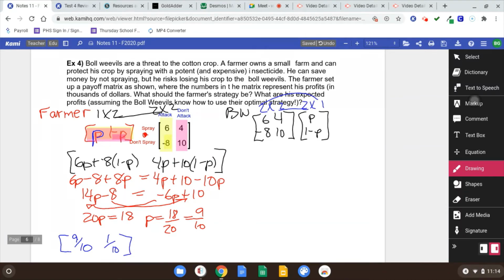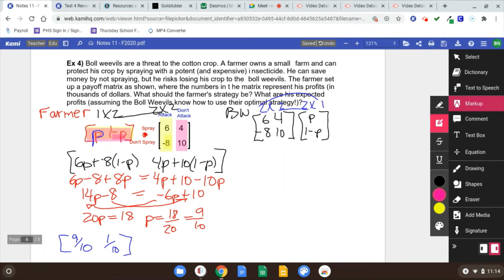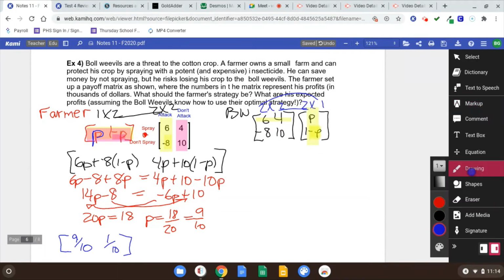So zip up. 2 by 1. Thank you. You're right. So row times column. It's going to be 6p plus 4 times 1 minus p.